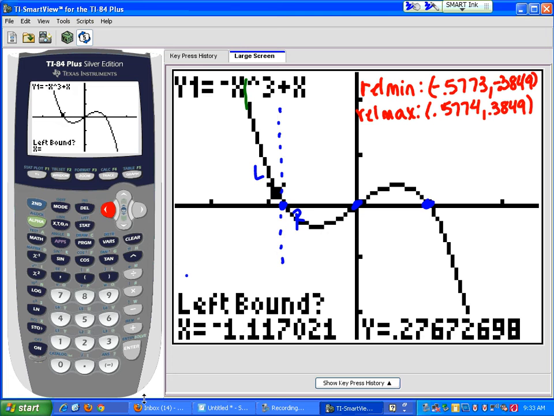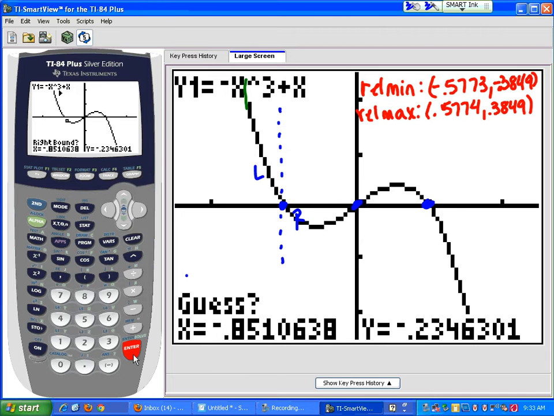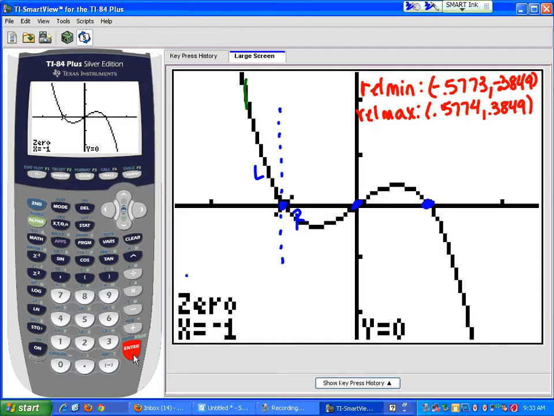So left bound, enter. Right bound, enter, and then enter on guess. Notice that my two arrows are in between where my point is for my intercept. So that's what it should always look like. So then enter. So I get an x-intercept of x is equal to, in this case, -1.